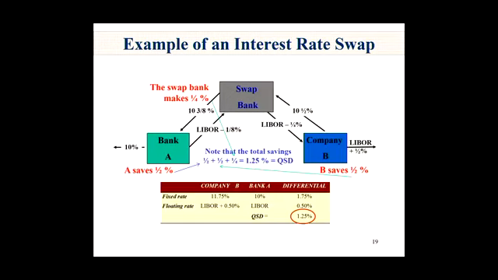All right? The QSD is the differential between the fixed rates between the two companies and the floating rates between the two companies, and then we take the difference between those. Right?